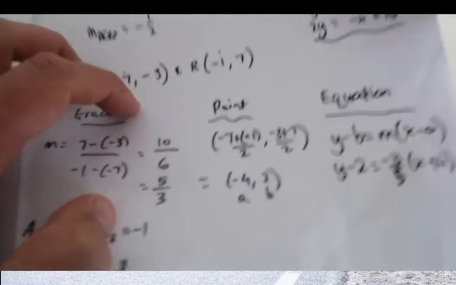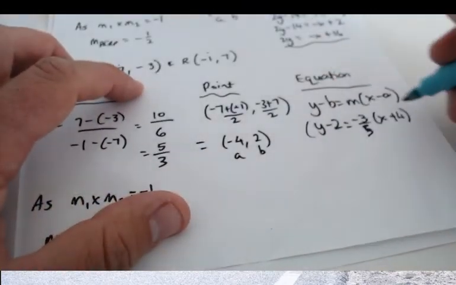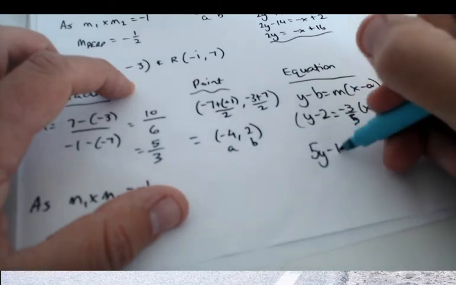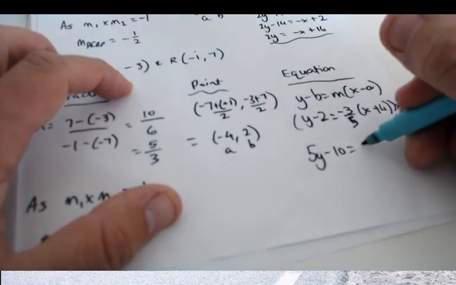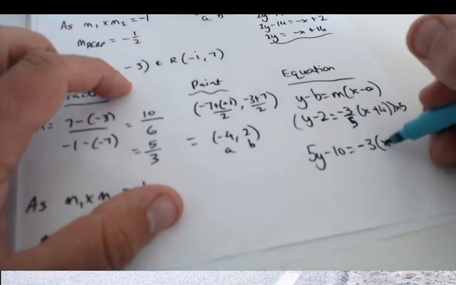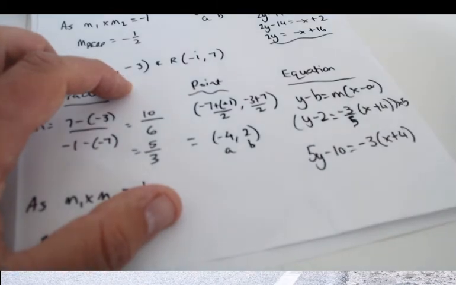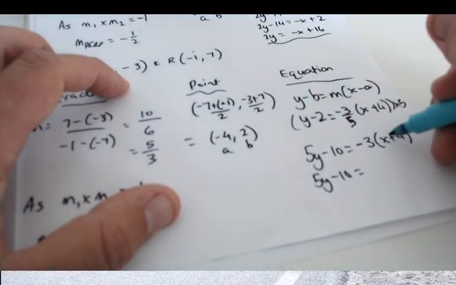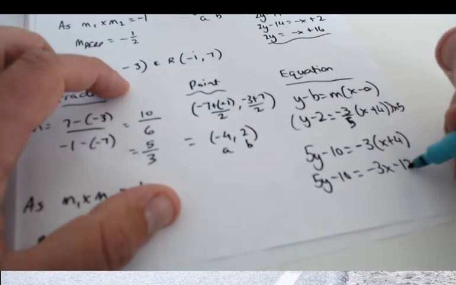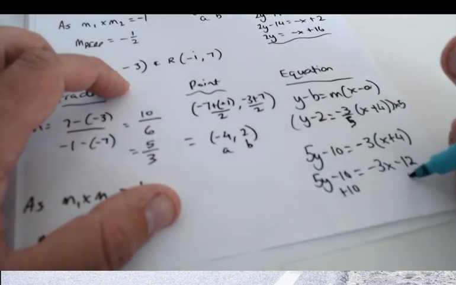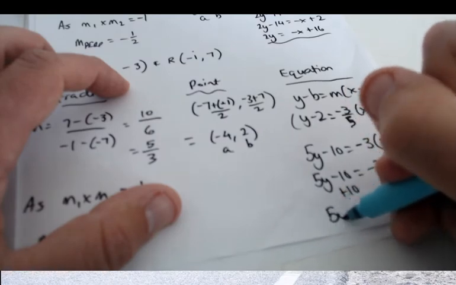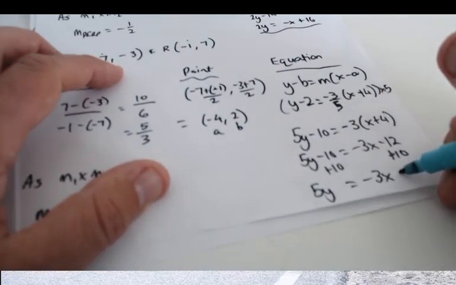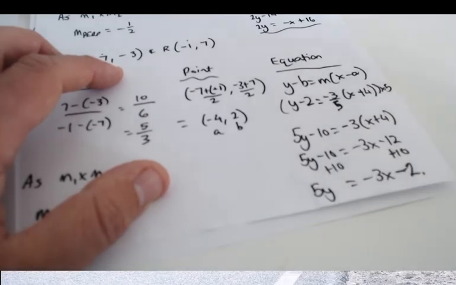Okay, next thing, we're going to multiply by 5. That will give me 5y take away 10 equals, the 5 cancels, leave the minus 3 on the top. x add 4 in the bracket. I'm going to multiply out the bracket. So that's going to give me minus 3x take away 12, and now I'm going to add 10 to both sides. 5y will equal minus 3x minus 12, add 10, brings me back up to minus 2.